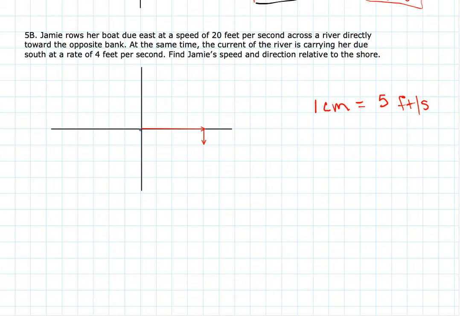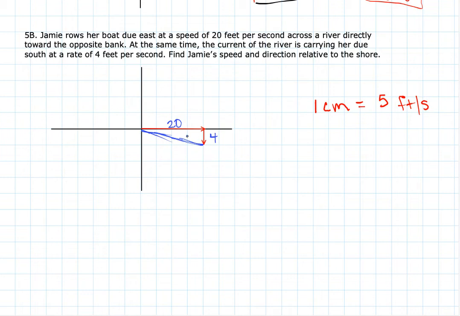And then we will need to find this. All right, something like that. So this was 20 feet per second. This was 4. And we need to find the direction.